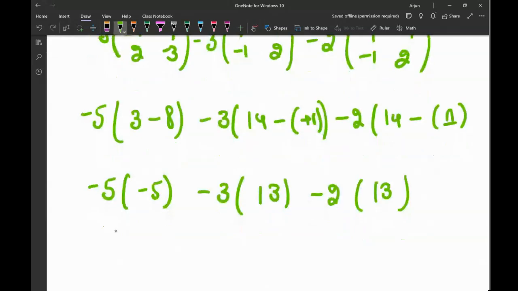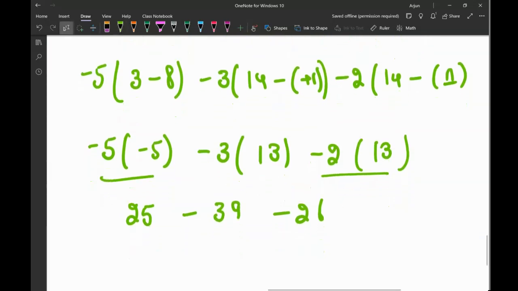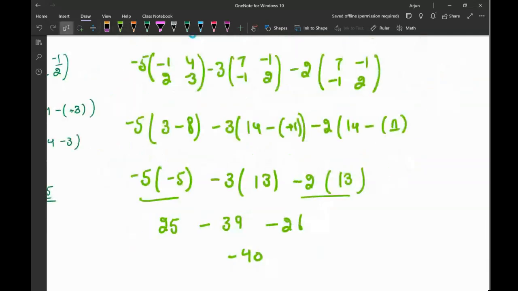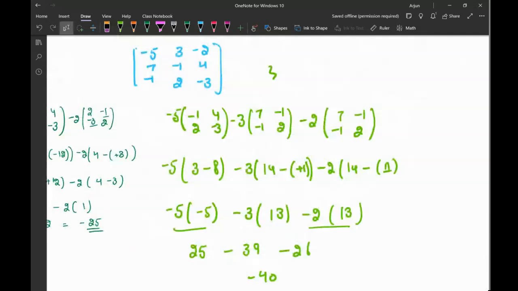So let's do the math. 5 times 5 is going to be my plus 25, and then minus 39, and then this will be minus 26. So if I do the math here, it should be 25 minus 39 minus 26, which I got as minus 40, and I think I might have made a mistake somewhere. Again, quickly look into this one.